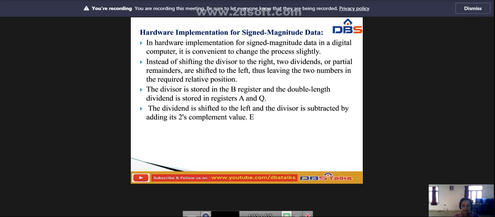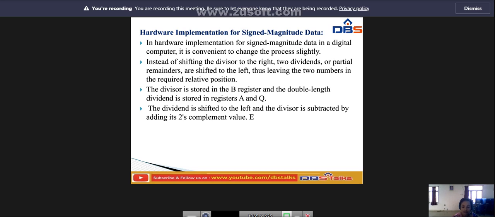In the hardware implementation for signed magnitude data in a digital computer, it is convenient to change the process slightly. In digital computers we mainly have signed magnitude, signed ones complement, and signed twos complement. Mainly we use signed magnitude data in the digital computer.